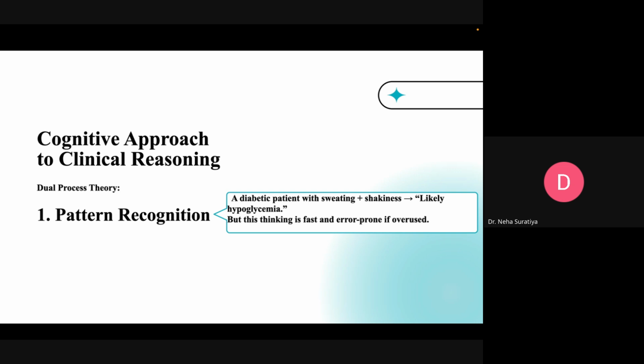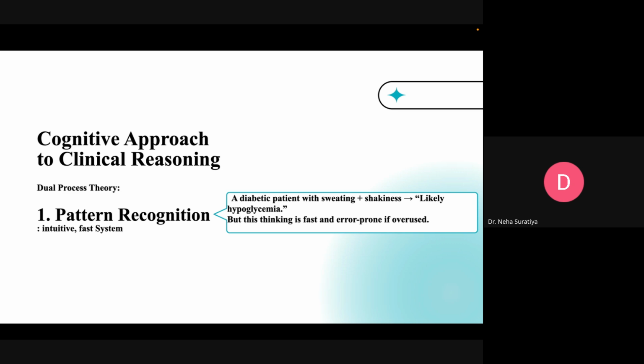Now, please understand, pattern recognition is very quick and intuitive, which is a fast system, and it is useful in common situations. Like if the patient is having diabetes and he or she is sweating and shaking, you will directly have the idea in your mind that this is because of hypoglycemia, because the patient is diabetic and taking hypoglycemic agents, right?